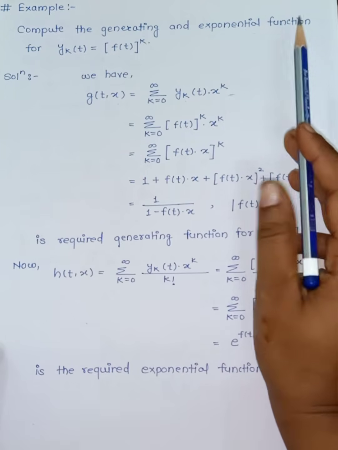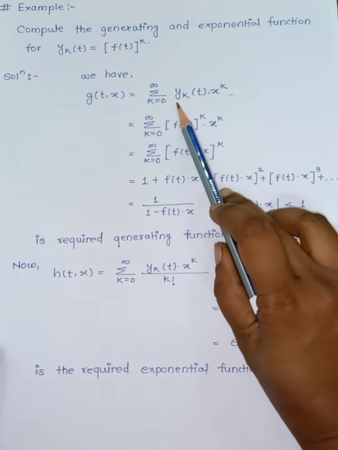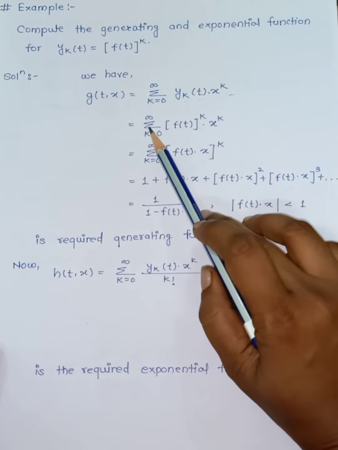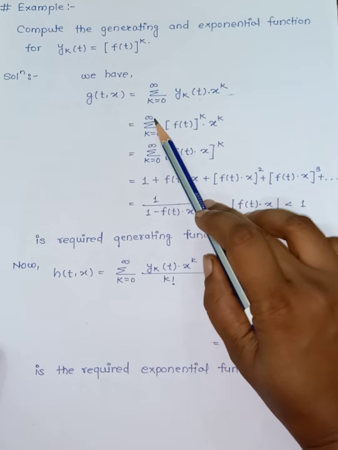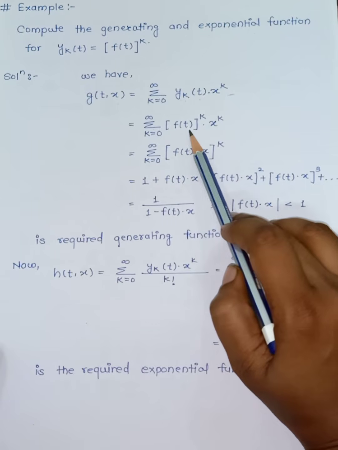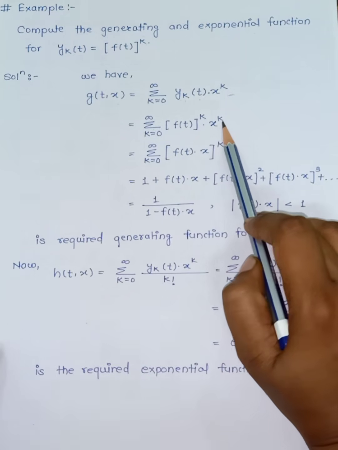Now this is our formula. Okay, now let us put the value of y_k of t. So summation from k equals 0 to infinity, y_k of t is f of t to the power k, into x to the power k.